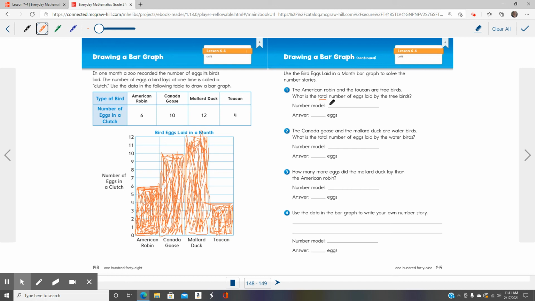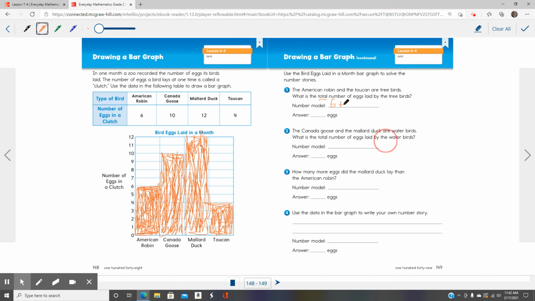So let me see here. American robin and toucan. So the American robin, we know it lays 6 eggs. The toucan lays 4 eggs. So since it's an addition word problem, we're going to make an addition number sentence. So 6 plus 4.